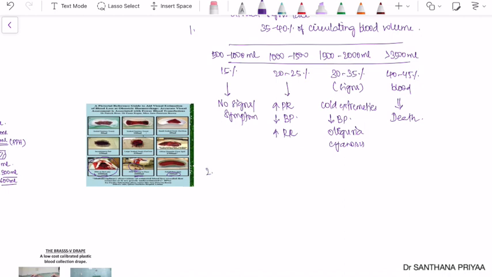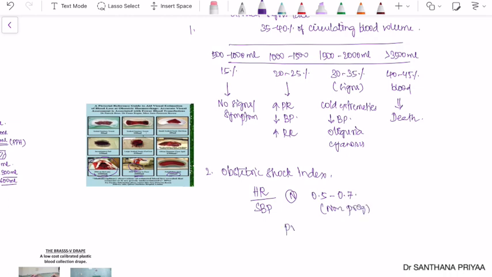Then the second is by calculating the obstetric shock index. Shock index is calculated by heart rate divided by systolic blood pressure. Normal is between 0.5 to 0.7 in a non-pregnant woman.